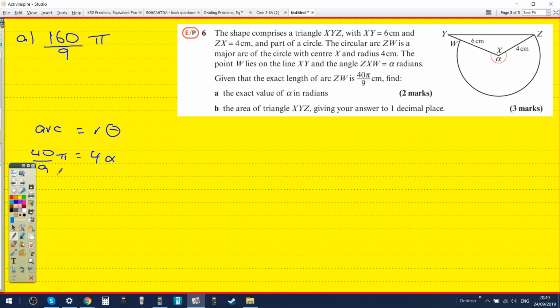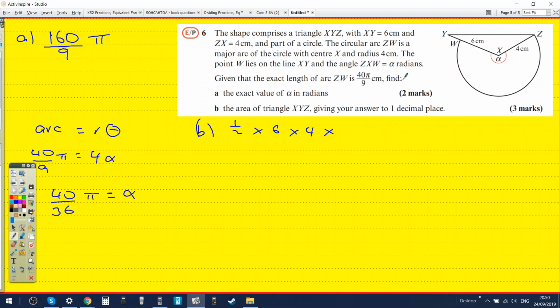And we said it was half AB sine C. So we could do half times 6 times 4 times sine of 2 pi minus 160 over 9 pi, right? Or is it just pi minus 160 over 9 pi?